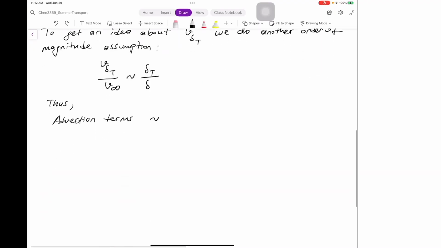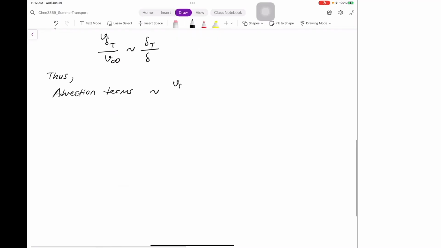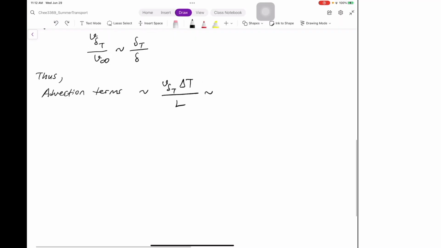V delta t over L. That's going to be in the order of, using this relation, V infinity delta t over delta L, right?